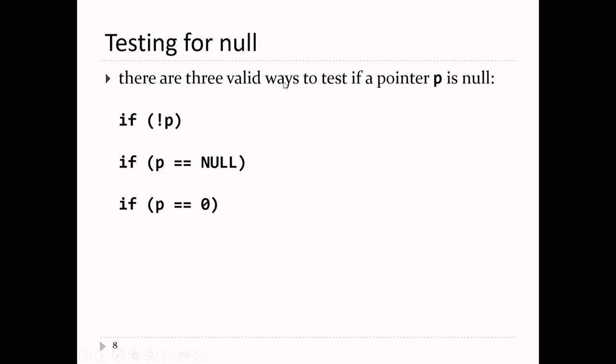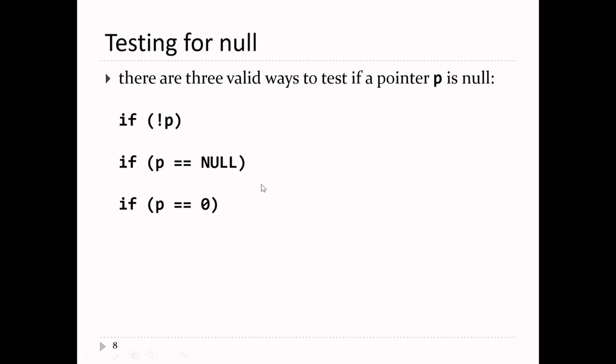Now, it's frequently the case that you have to test whether a pointer is null or not. It's very common to write a function that takes in a pointer to an object, and for your function to work properly, the pointer must not be null. In other words, you really do need an object to do something inside this function.